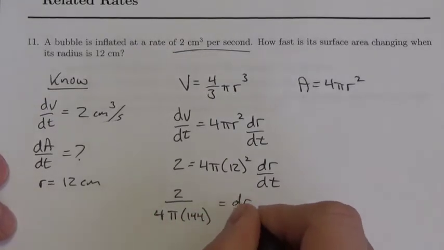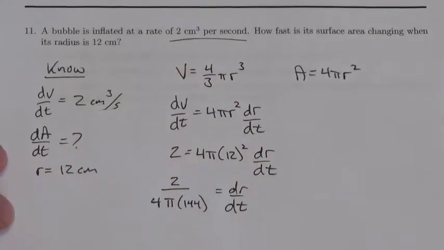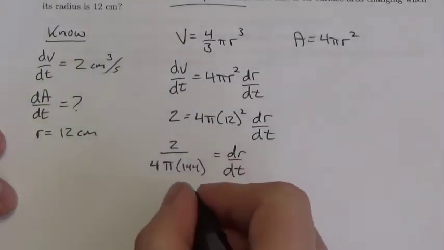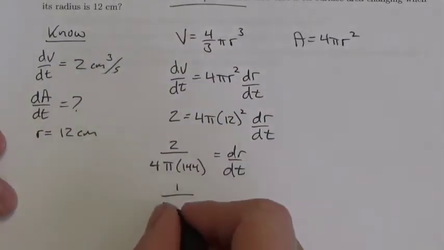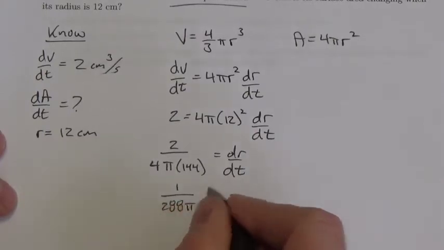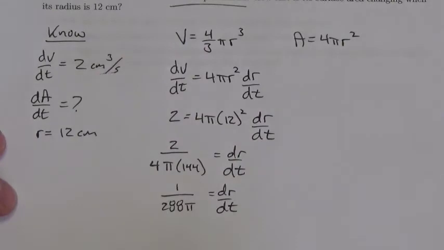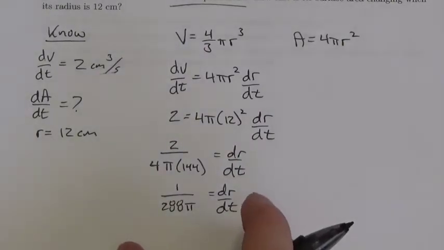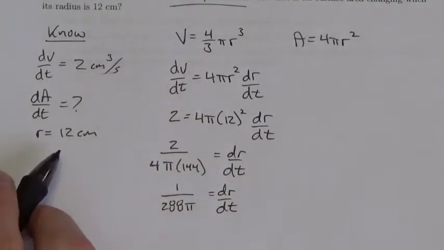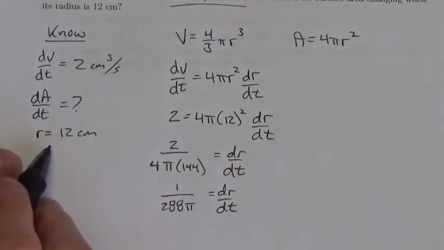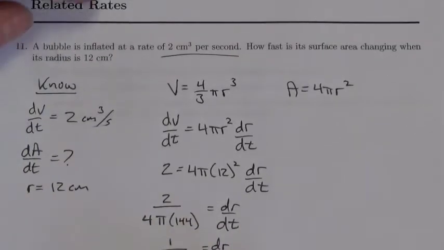We'll do it in steps like this; it'll be a little bit easier to follow. This will be 4 pi times 144. Then dr by dt, when I cancel that, is going to be 1 over 288 pi. So that's the rate at which the radius is changing at the moment the radius is 12 centimeters in this particular little bubble.